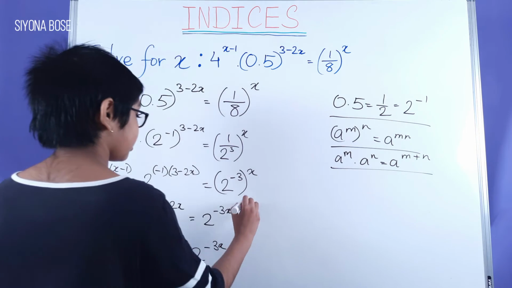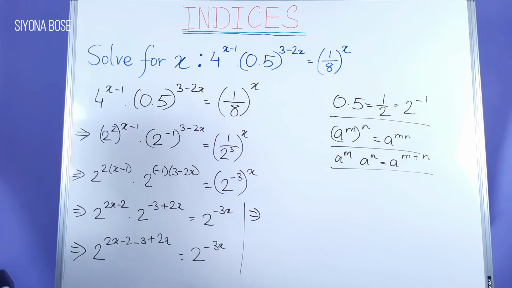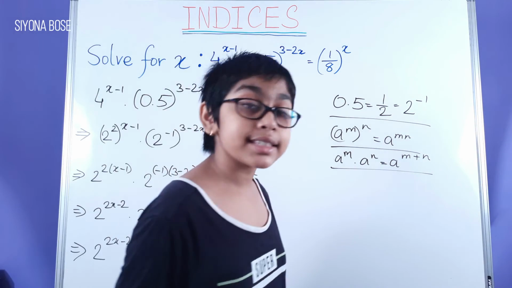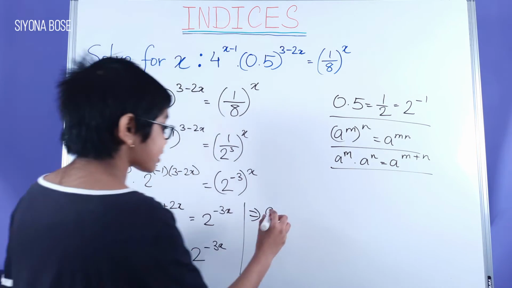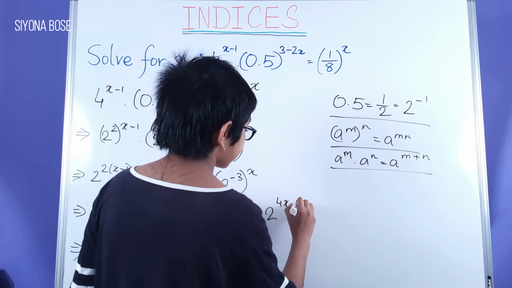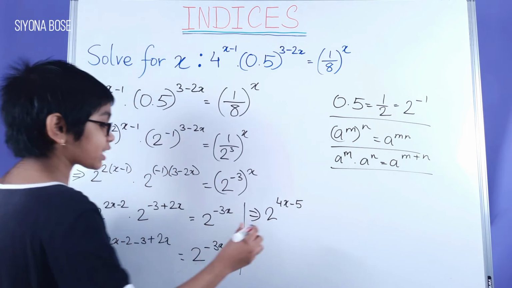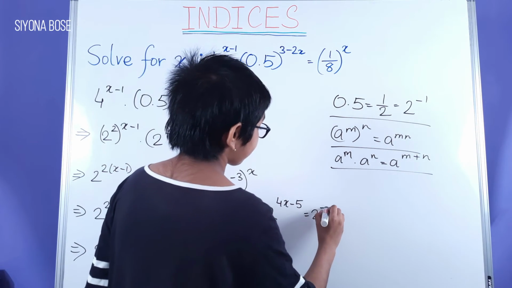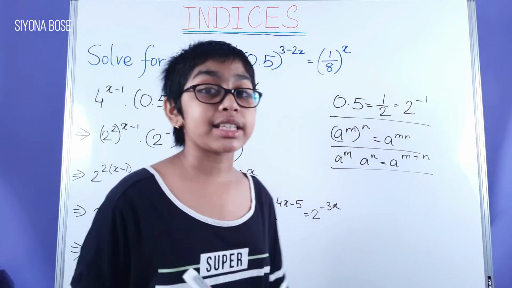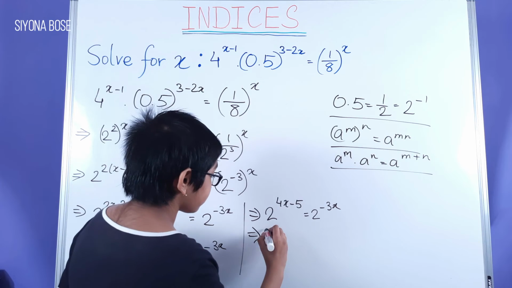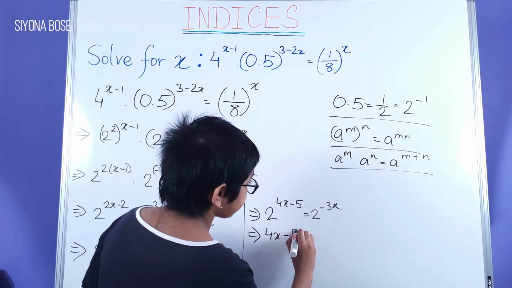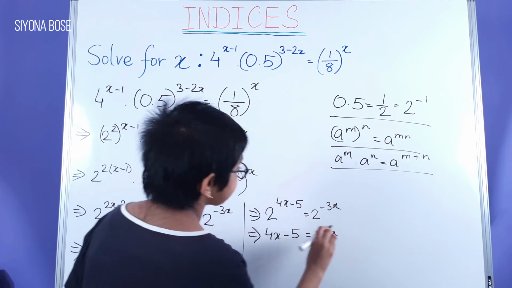This implies we can write this one as 2^(4x-5) equal to 2^(-3x). Now we have the same base, 2, so we can write 4x - 5 = -3x.